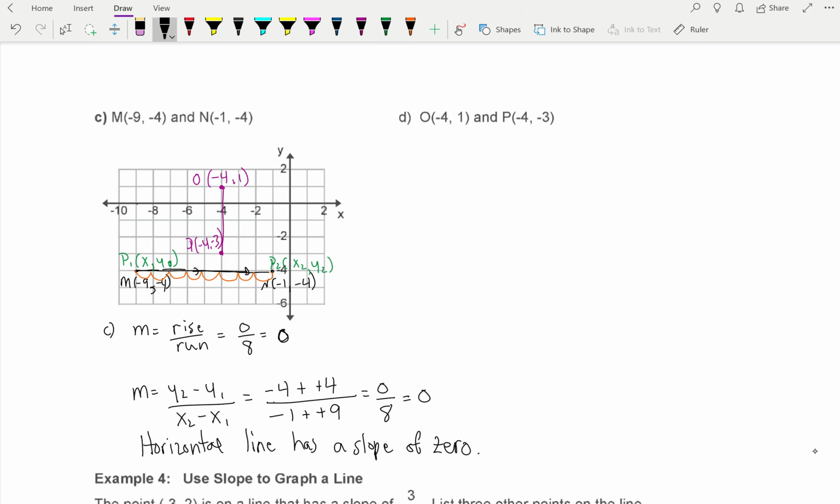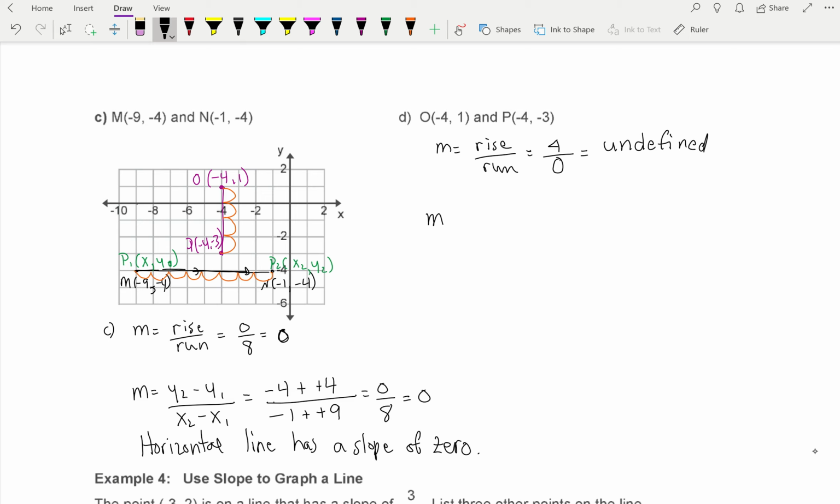Our slope is rise over the run. Now on this line, we do have a rise. It is 1, 2, 3, and 4. What we don't have is a run, and because we don't have a run, there's no change in direction from left to right, we put 0. Anything divided by 0 is undefined.